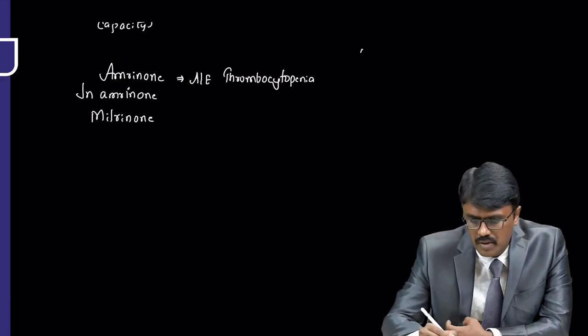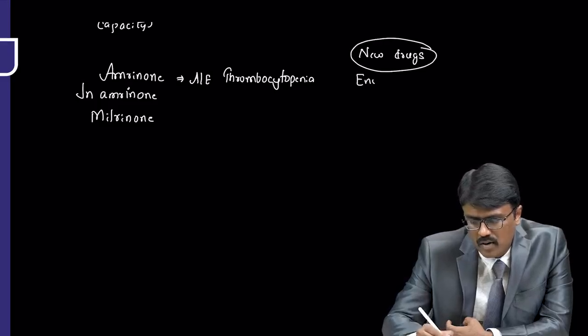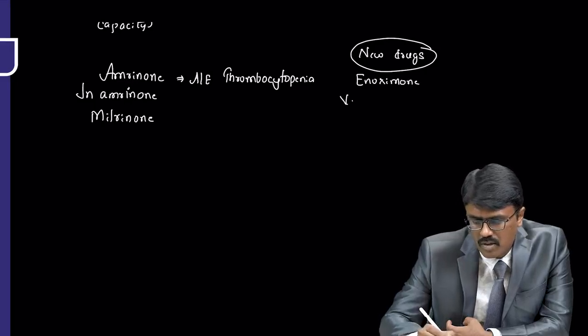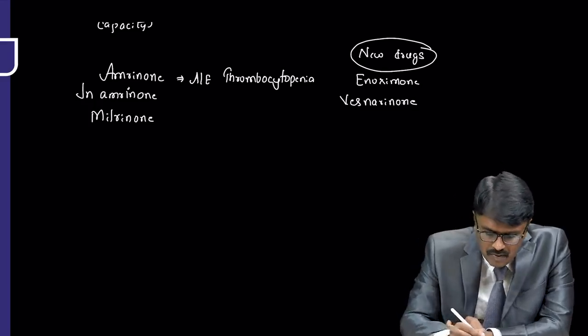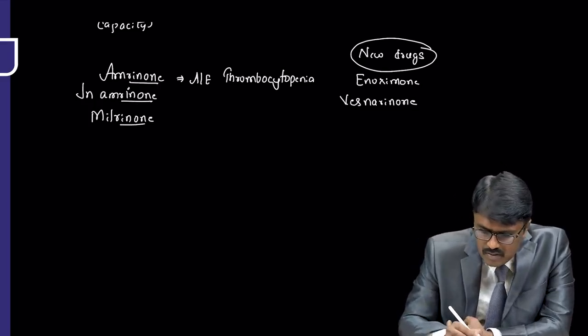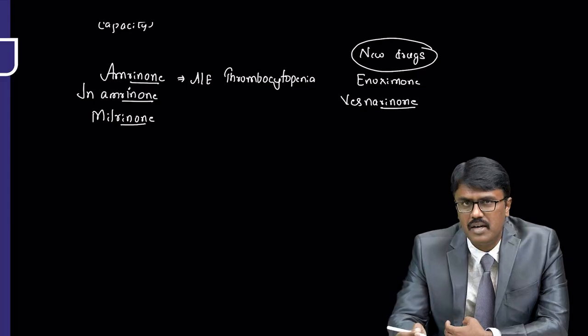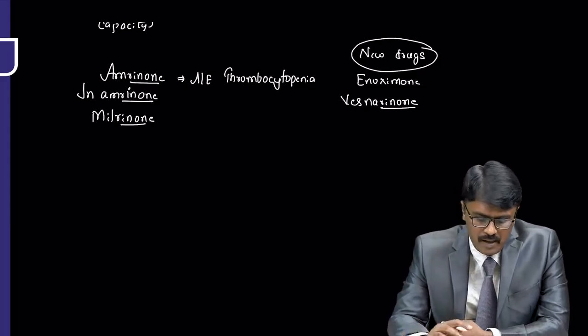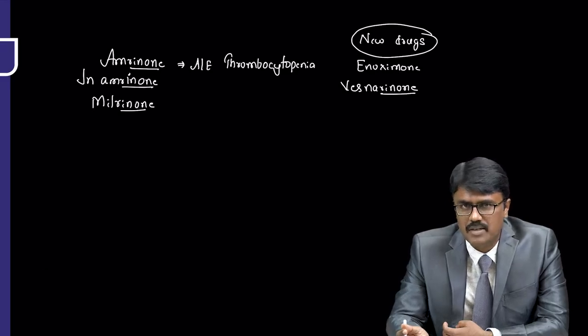Now there are certain new drugs which have come to the market, which are phosphodiesterase 3 inhibitors. It is called enoximone. And one more is vesnarinone. These are the newer drugs. And remember, all of them end with rinones. But enoximone has a different name. You have to observe that. So these are phosphodiesterase 3 inhibitors.